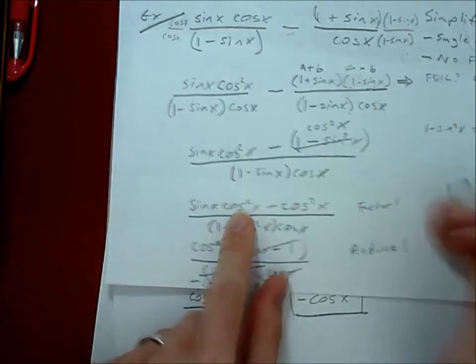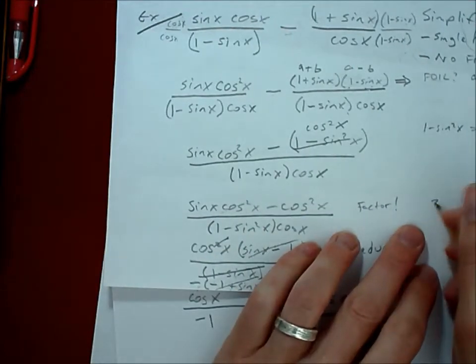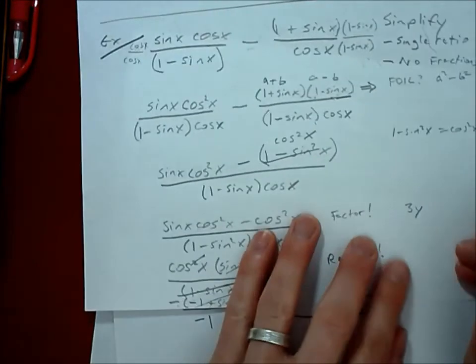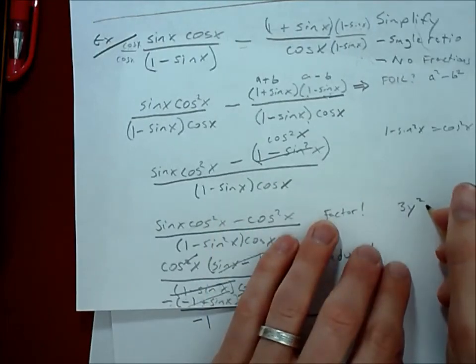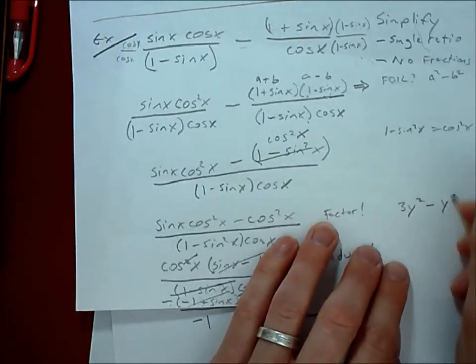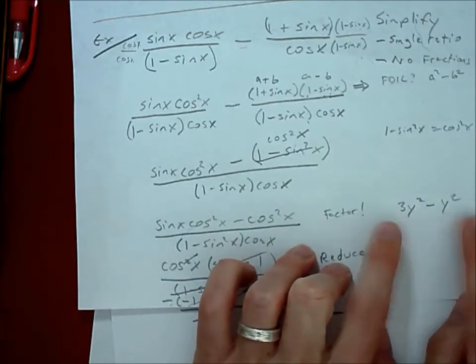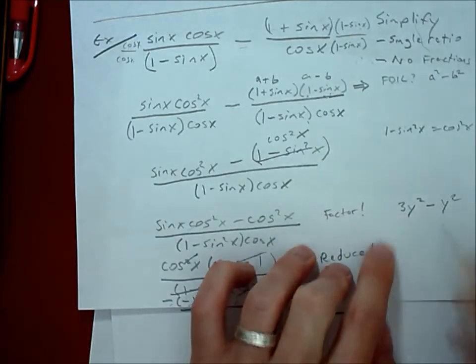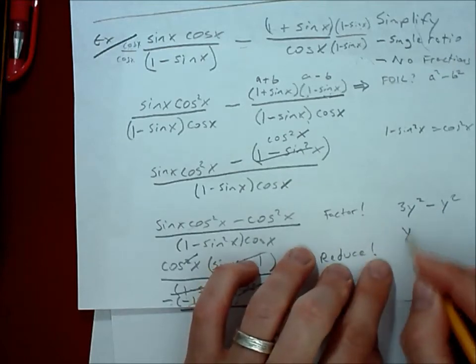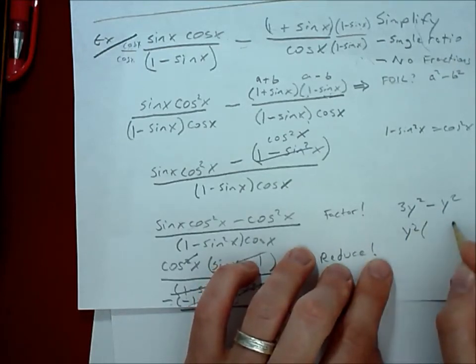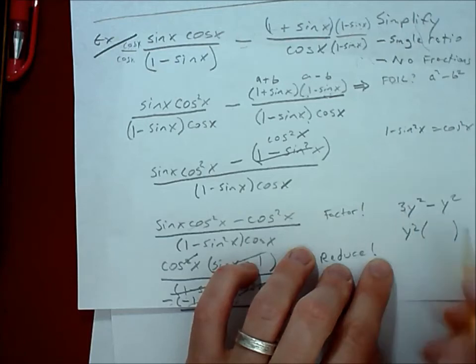So for instance, if I had, let's say, 3y squared minus y squared, what do these two things have in common? The y squared. And so if I wanted to, I could factor that y squared out. And then what would be left over? So here just a 3, and here just a minus 1.